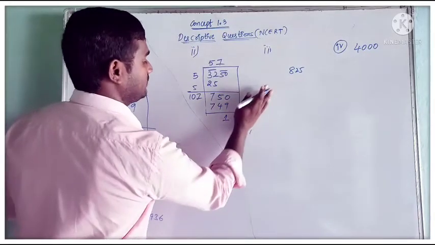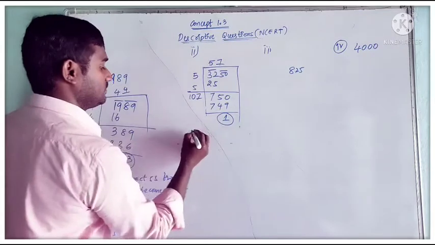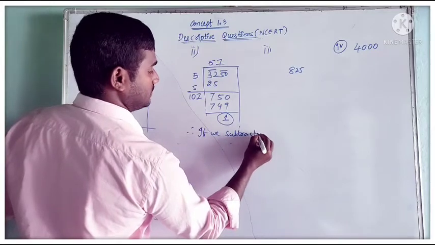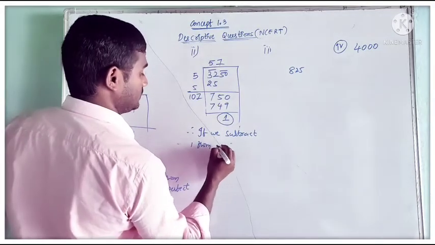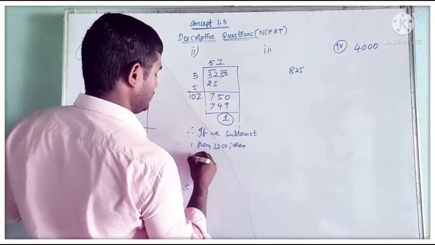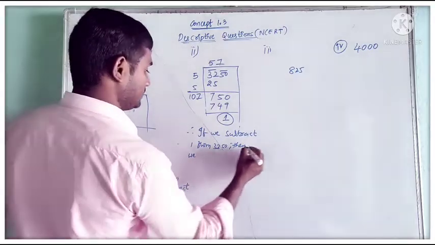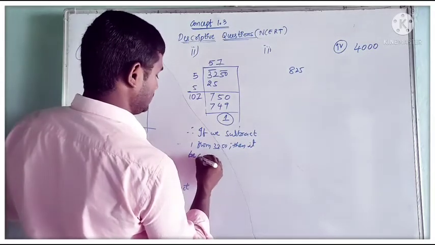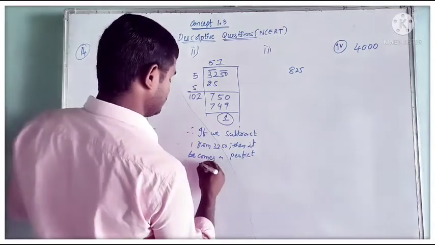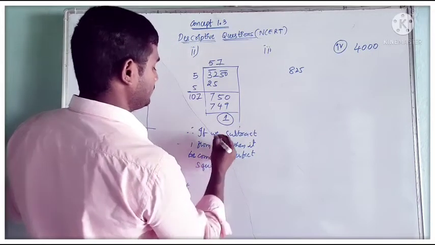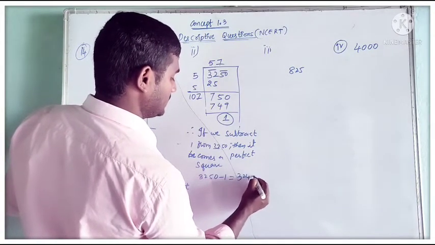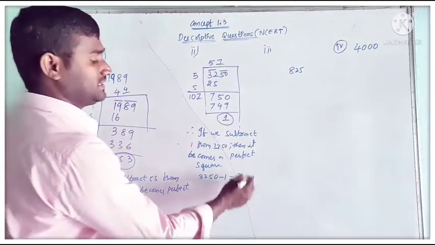So what is the number we have? 1. If you subtract 1 from 3250, then we will get a perfect square. 3250 minus 1 is 3249, which is a perfect square.